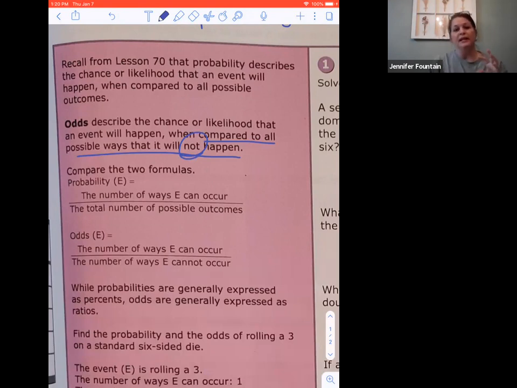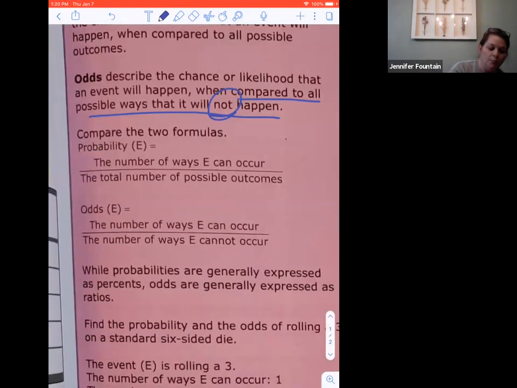With odds, we're looking at all the possible ways that it could not happen. Okay, so that's the big difference between probability and odds. So it says to compare the two formulas. This is what we looked at with probability. Probability, we looked at the number of ways that an event could occur over the total number of possible outcomes.